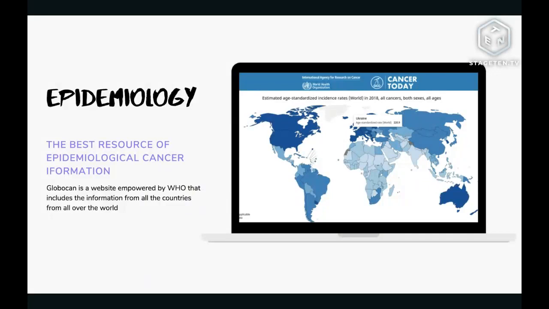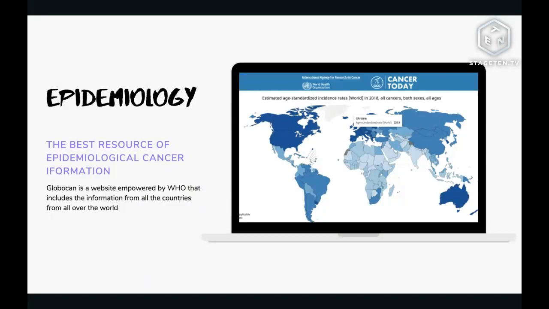In both sexes combined, lung cancer is the most commonly diagnosed cancer and the leading cause of death, closely followed by female breast cancer, prostate cancer, and colorectal cancer for incidence, and colorectal cancer, stomach cancer, and liver cancer for mortality.